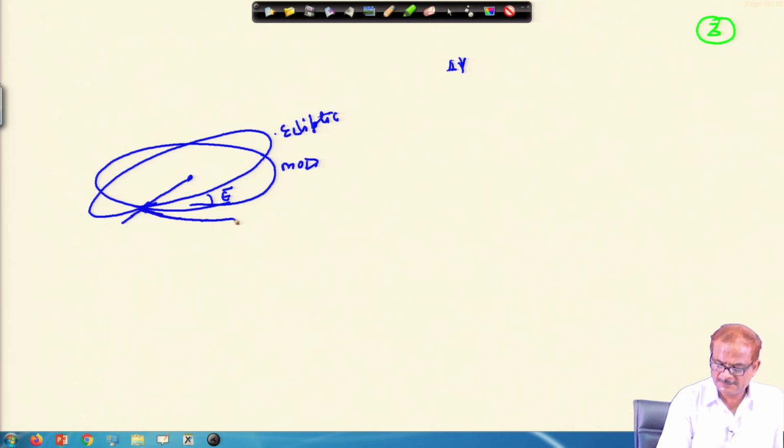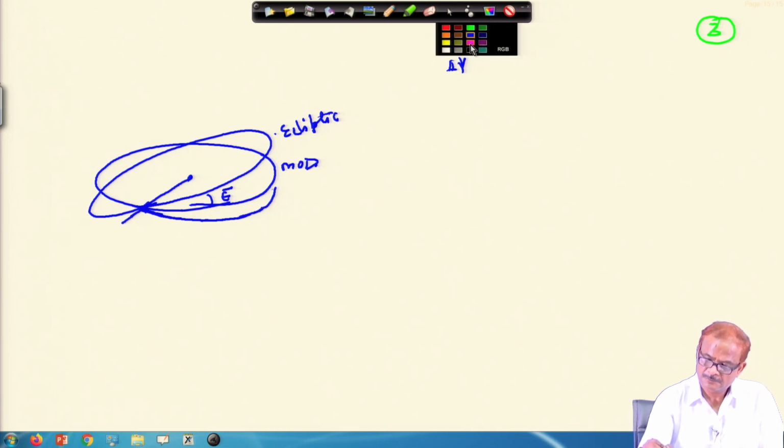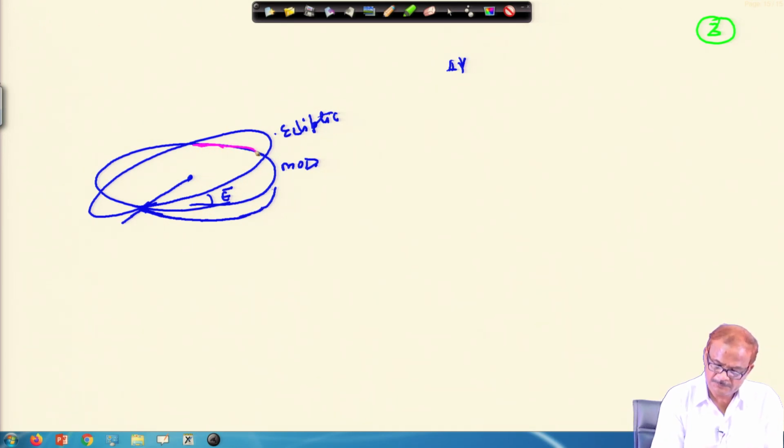See, this thickness is very large. Let us first show this in the pink.